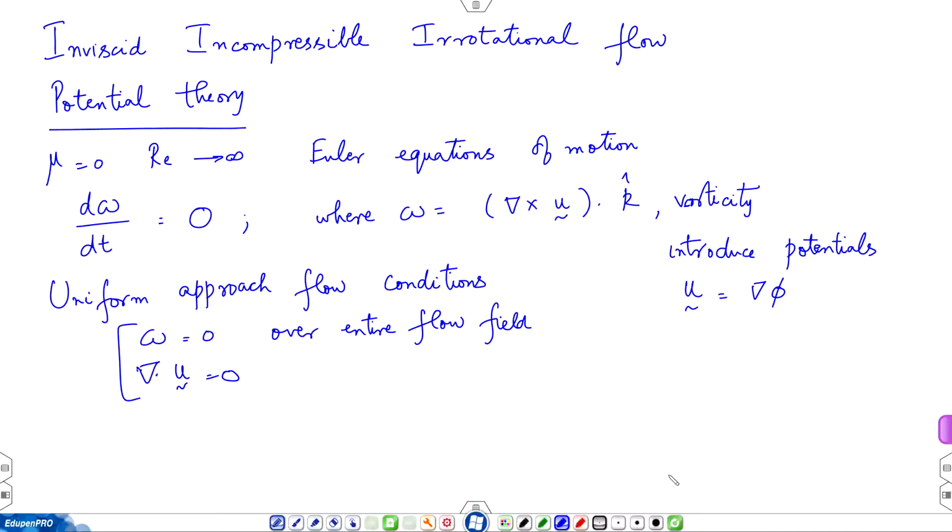Now, this will satisfy omega equal to 0 identically. And so, you can find phi from the mass balance equation. Sometimes phi is called a harmonic potential because it satisfies Laplace equation.